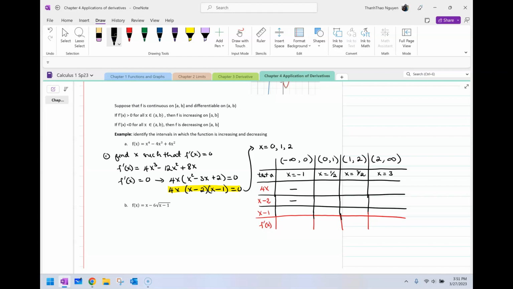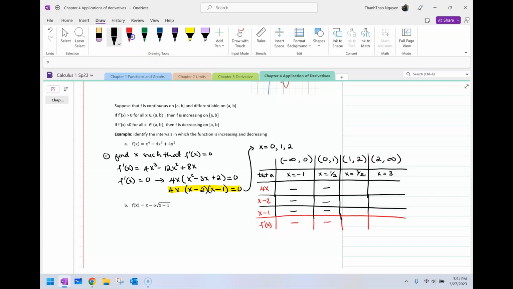This will be negative, and this will be negative. So then f prime of x is negative in this interval. Here we get negative, negative. Again, this is negative, right? So again, f prime of x here is negative.